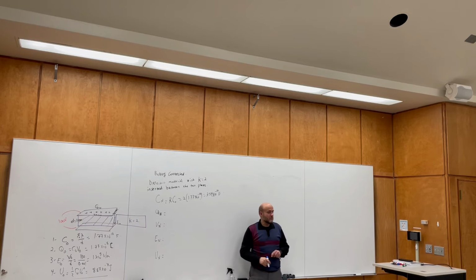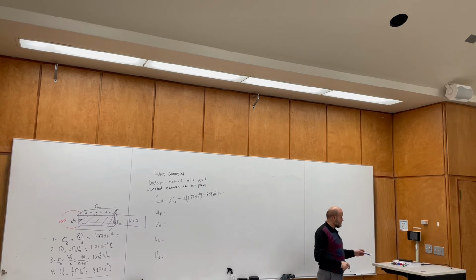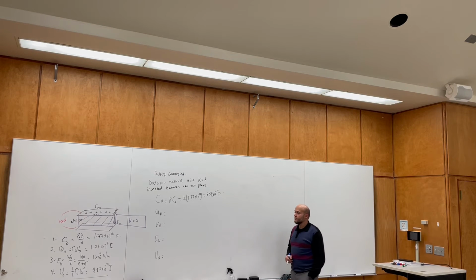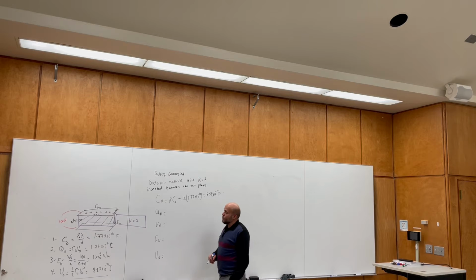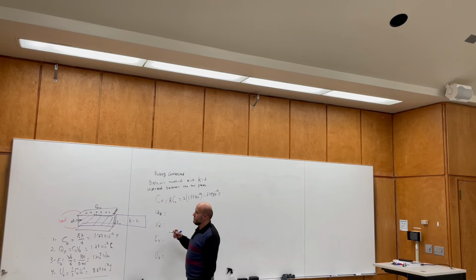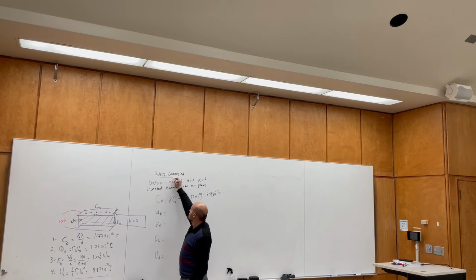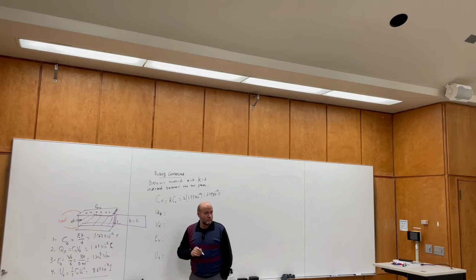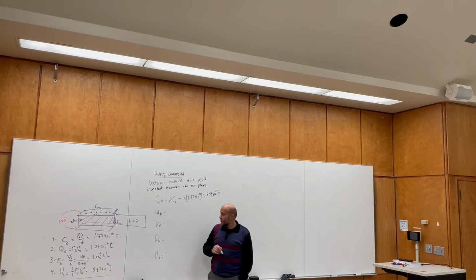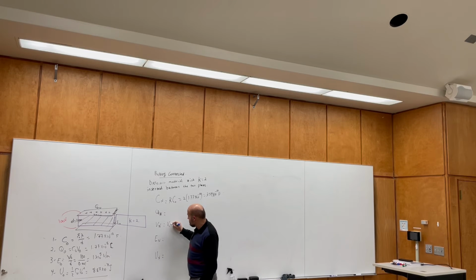So the capacitance will increase because of the dielectric. Now which value will stay the same, Q or V, given that the battery is connected? The voltage, right? The voltage will stay as V0, which is 100 volts.